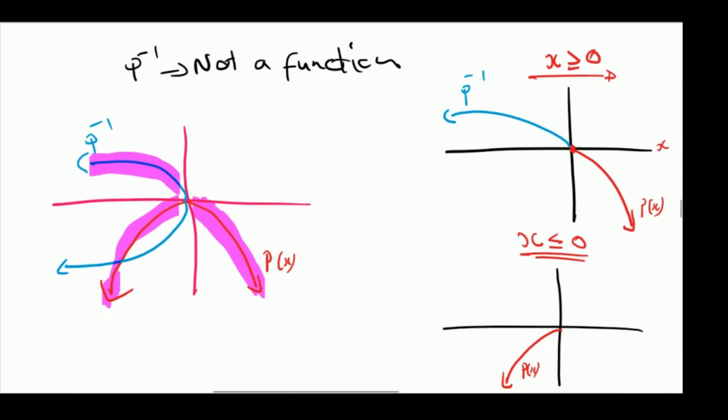We're going to consider this portion of the inverse. So it's going to look like this. Now we have restricted my P of x into this portion. So that's how we do the restriction of our functions.